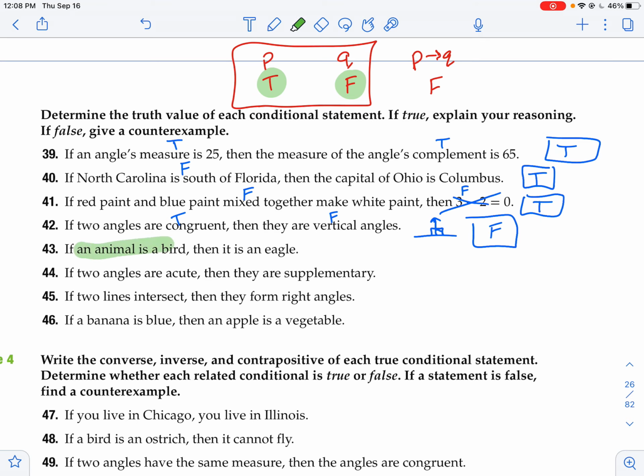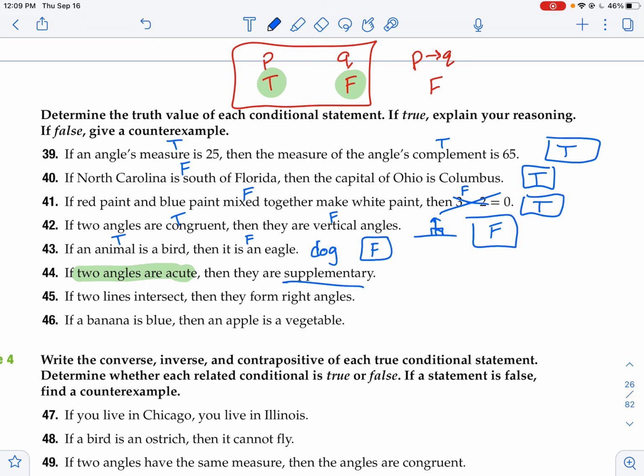Again, on 43, can I have an animal that's a bird? I can. Does it have to be an eagle? No, I could have a dog. So that's false. If two angles are acute, I can have two acute angles, that would work.